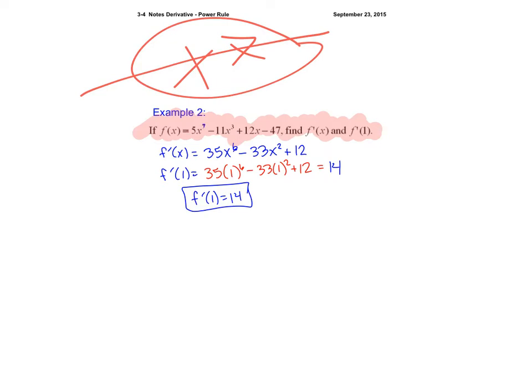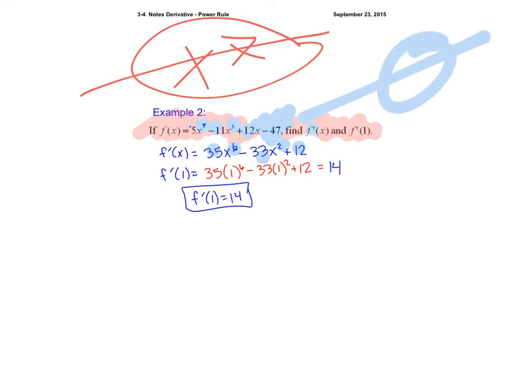So 5 times 7 is 35. 3 times 11, that's negative 33. And then 1 times 12, that's 12. That 7 becomes a 6 now. That 3 becomes a 2. And that x to the 1 power becomes x to the 0, which is why the x just goes away.